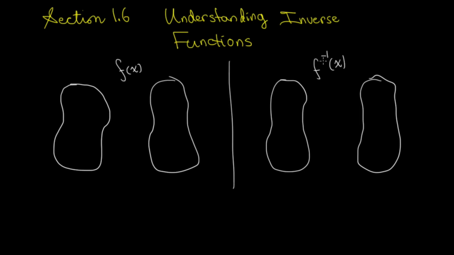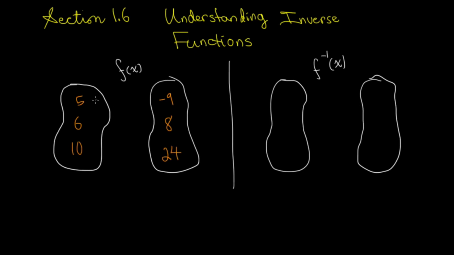It's not an exponent, because a -1 exponent would be the equivalent of a reciprocal, and that's just not true regarding inverse functions. Instead, this symbolizes inverse. So inverse f of x, and I'm going to give them 5, 6, and 10, 9, 8, and 24.